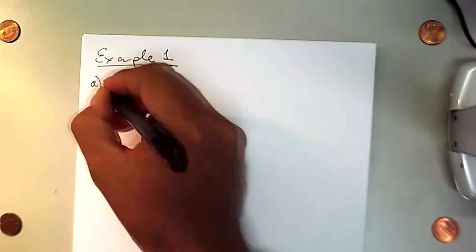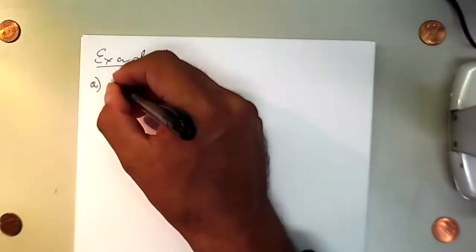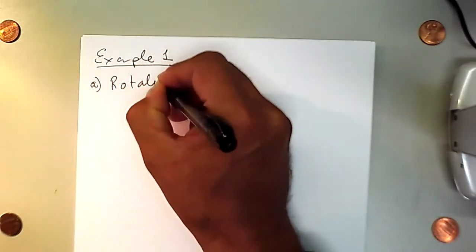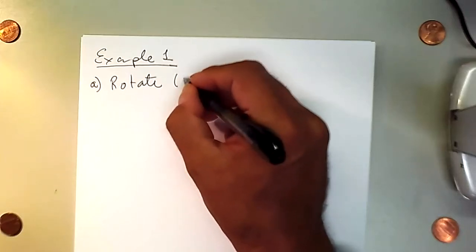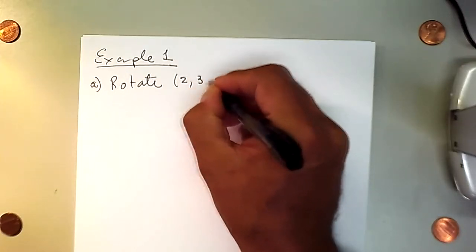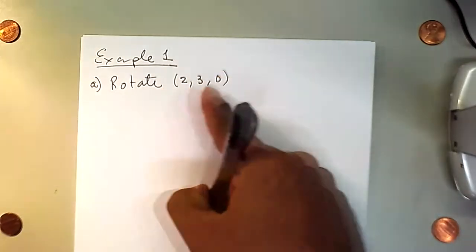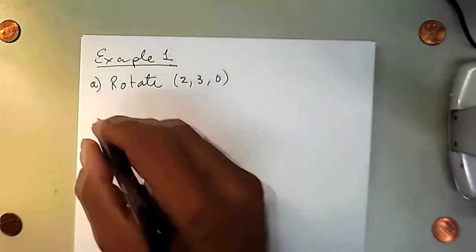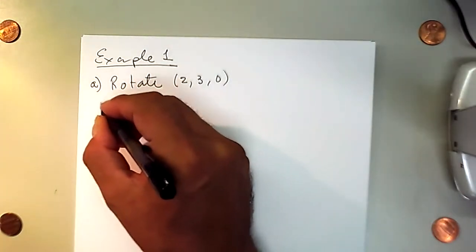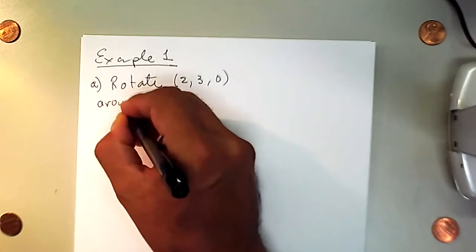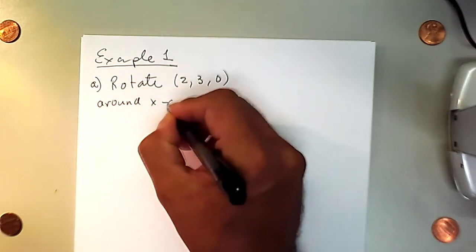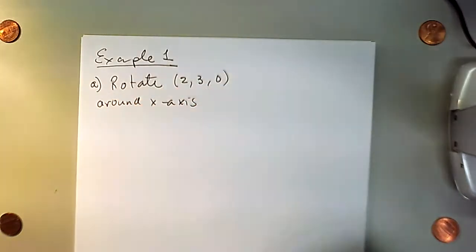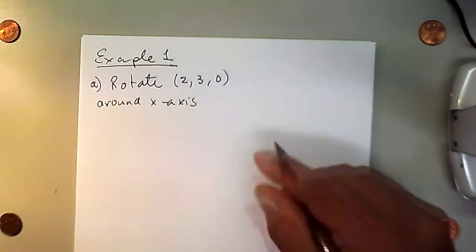So A, we want to rotate (2, 3, 0), a point in 3 dimensions, around the x-axis. We want to come up with an r function that creates that rotation.